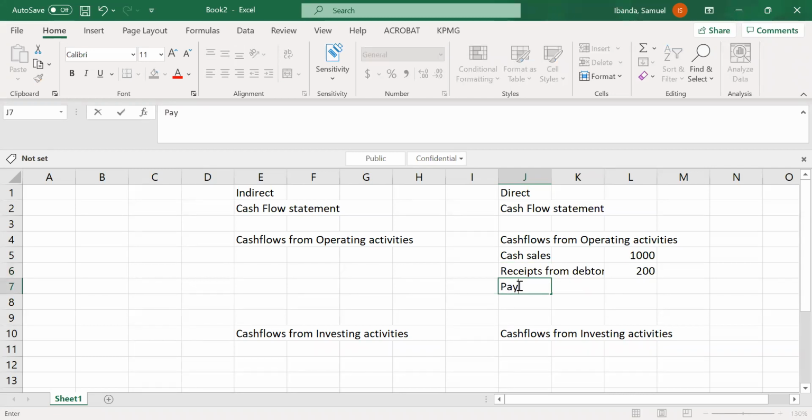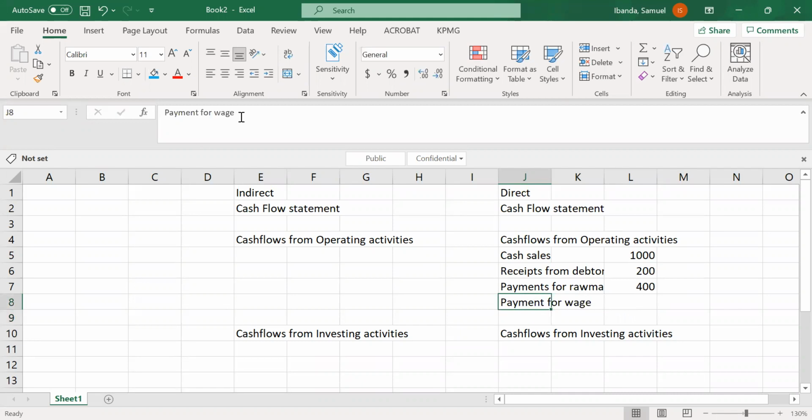It will have things like payments for the purchase of raw materials, let's say maybe 400. It will have things like payments to staff, maybe payment for wages, and let's say this is 100, but this one is made negative because it's a cash outflow.